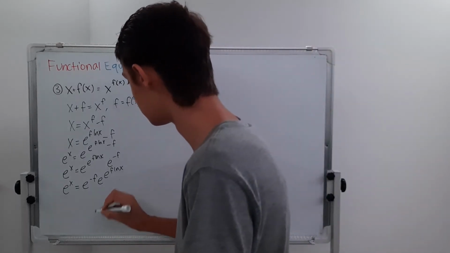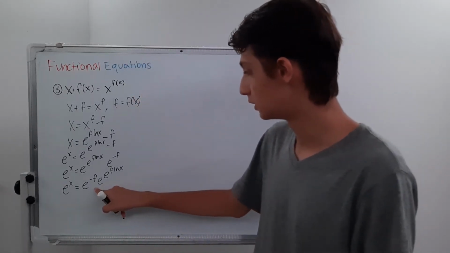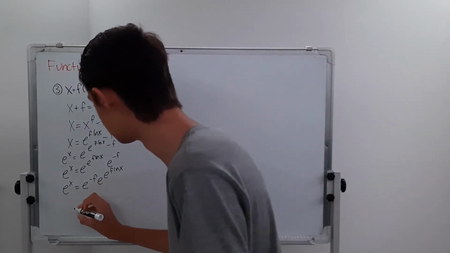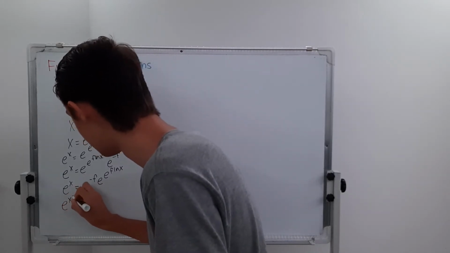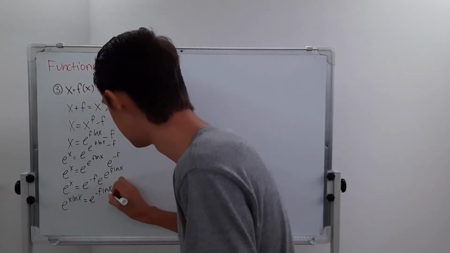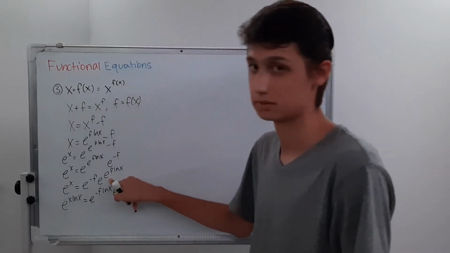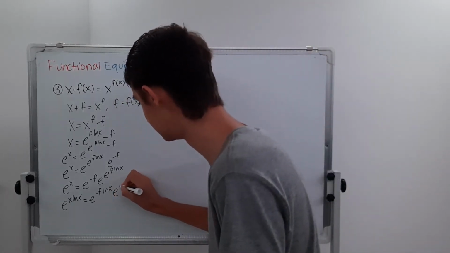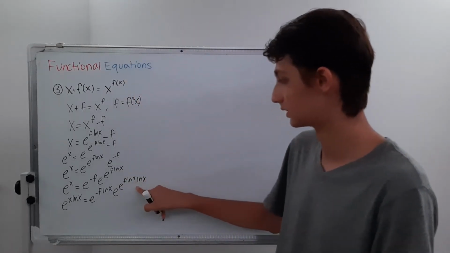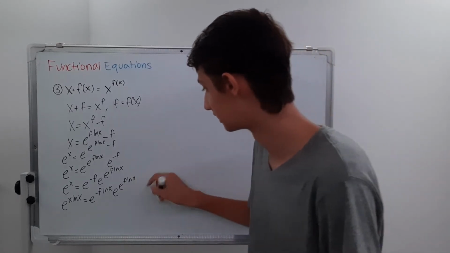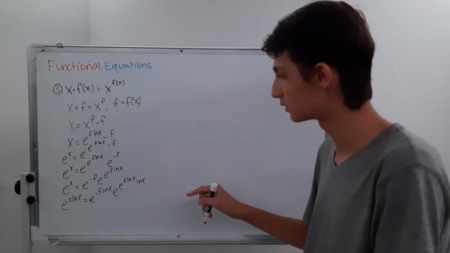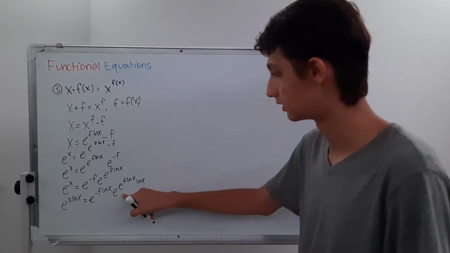So, let's see, what can we do? Well, we could raise both sides to the ln x power. You can see here, if we do that, we get that e to the x ln x is equal to e to the negative f ln x times e to the, we also have to raise that part to the ln x, we get e to the f ln x ln x. So it created a little complication there, but that's really not hard because that's on the same line.